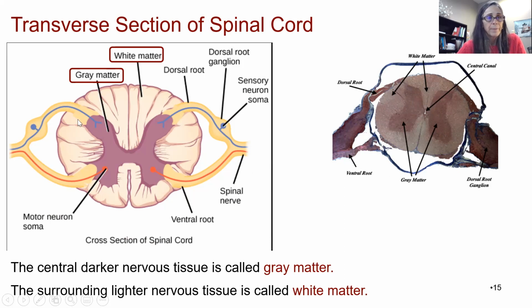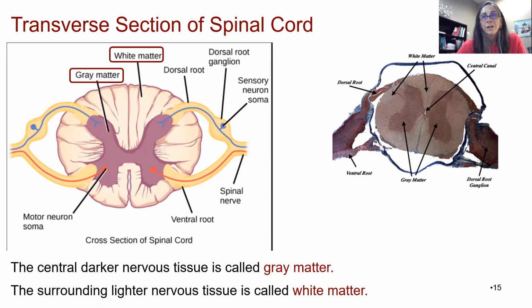And here you can see it a little bit better. There's your ganglion, your dorsal root ganglion, and the sensory neuron that's going to come in. Now, that's one thing to note. All sensory information going to the spinal cord goes in through the back, so it goes in through the posterior side.